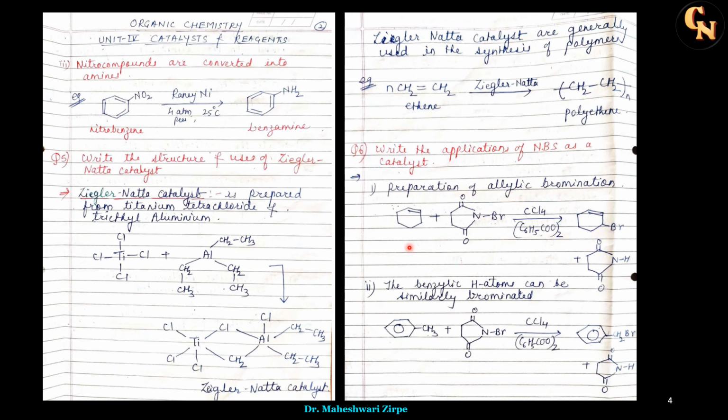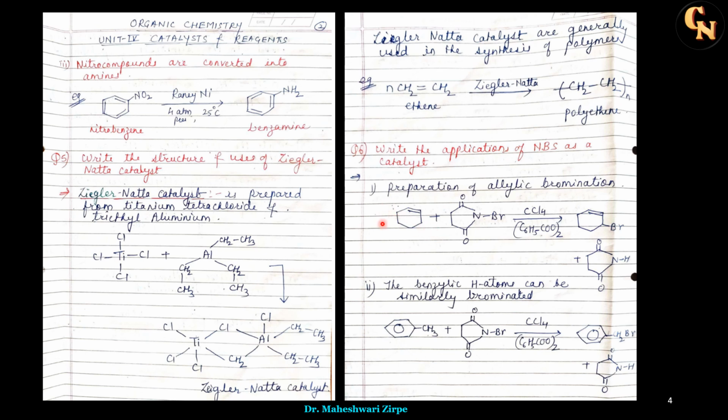So let us see the example. Here you can see cyclohexene as a starting material, which reacts with NBS. This is the NBS structure, a succinimide where the bromine is attached to nitrogen. In the presence of CCl4, that is carbon tetrachloride, you will find that at the allylic carbons the bromine will get attached, either this side or this side.